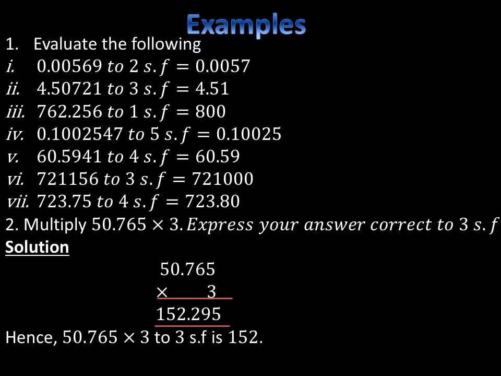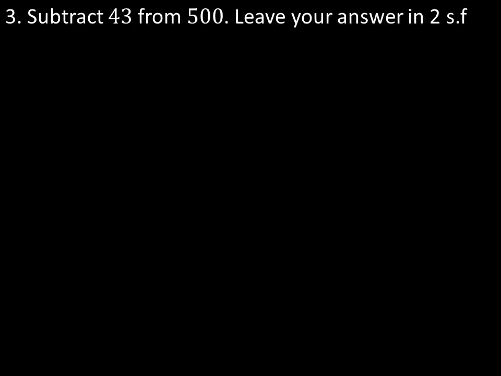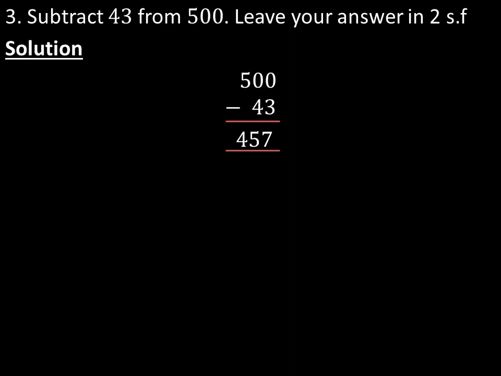Our third question says subtract 43 from 500. Leave your answer in 2 significant figures. Here is the solution. 500 minus 43 will give us 457. Here we have 3 digits, which is 3 significant figures, but we are asked to leave our answer in 2 significant figures.